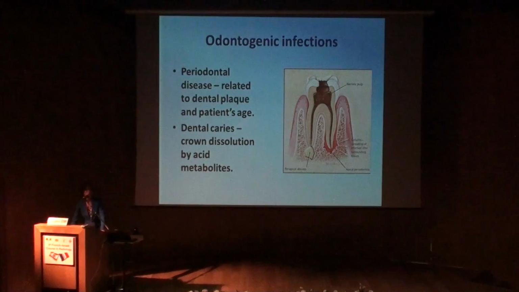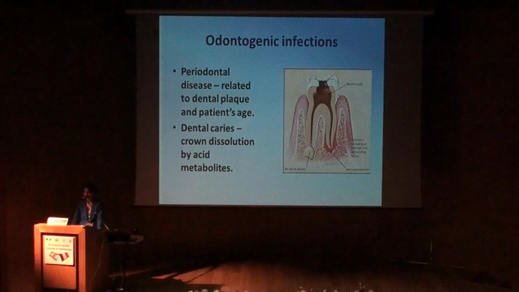So how does an odontogenic infection develop? There are two types. One is the periodontal disease, which is influenced by the deposition of dental plaque over the gingiva, and this plaque initiates an inflammatory reaction between the crown and the gingiva, and that loosens the periodontal ligament that attaches the root to the bone.